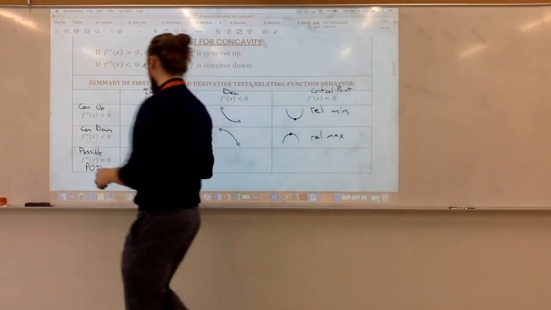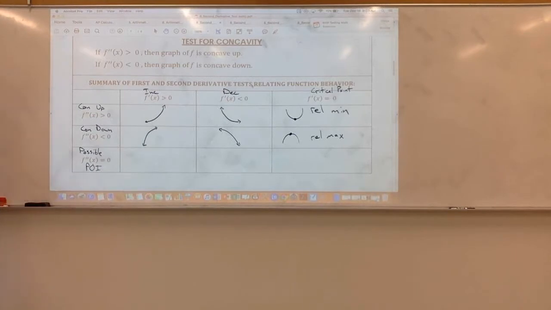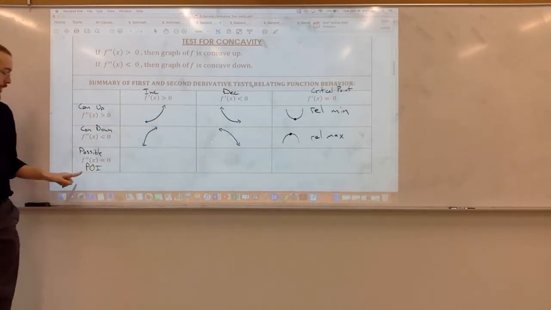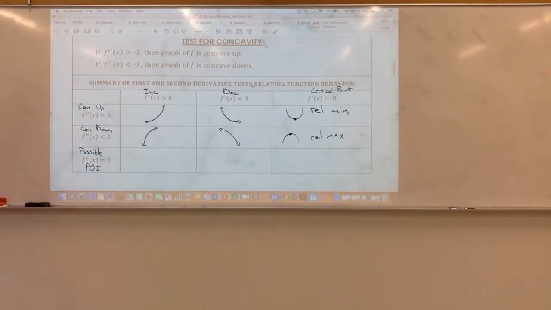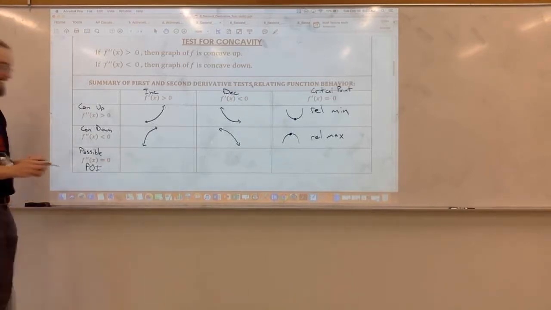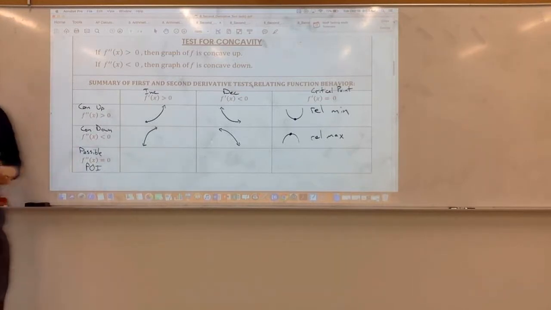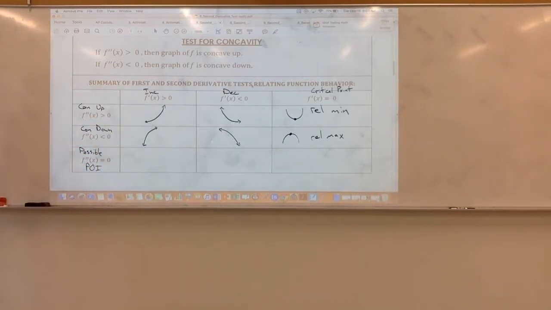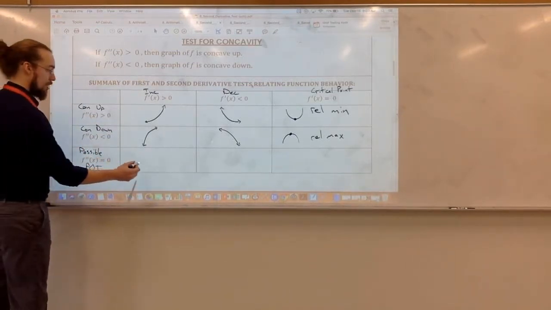So now, let's jump down to where the second derivative is equal to 0. If my function is increasing and I have an inflection point, it's kind of like these two put together.